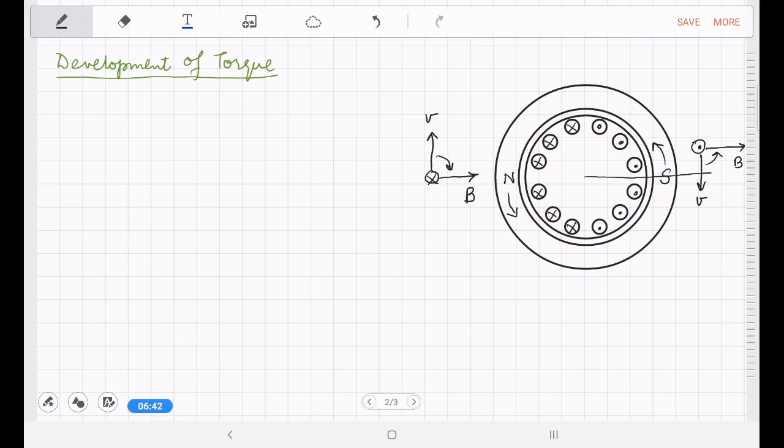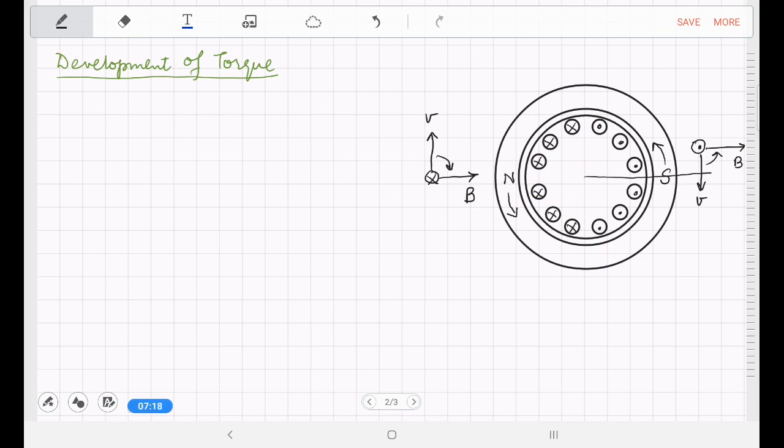The magnitude of the induced EMF will depend upon the flux density, because it is given by BLv. v is constant, L is constant. Therefore, it depends upon B at each and every point, and since the magnetic flux density in the air gap is sinusoidally distributed, the magnitude of the induced EMF will be maximum along the center of the north pole, and the EMF in the conductors will decrease gradually to zero midway between the poles.